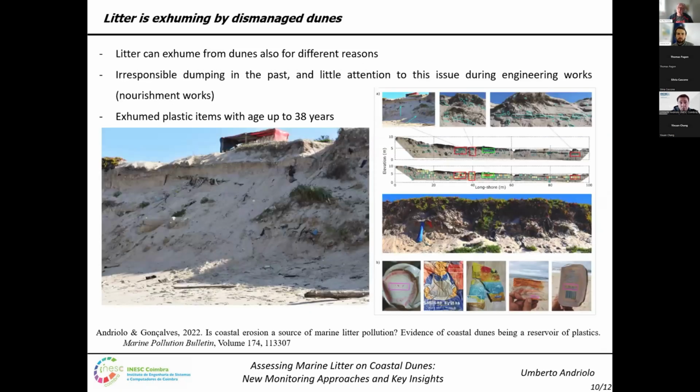In Leirosa, we also observed litter coming out from dunes, but this was for a different reason. Talking with the locals, we understood that there were some irresponsible and illegal dumpings on the dunes, and the dunes were nourished without paying attention to this fact.